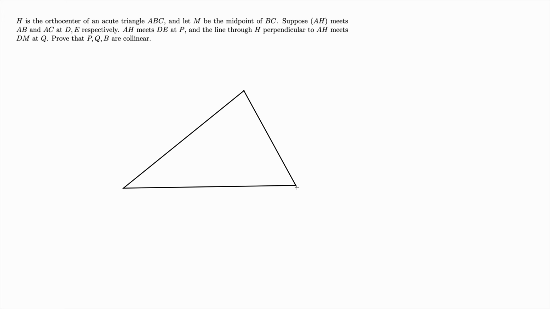Shorter. Maybe like this. Yeah, that seems good enough. A, B, C. And let M be the midpoint of BC. So this point right here is M. Suppose the circle with diameter AH meets AB and AC at D and E respectively.